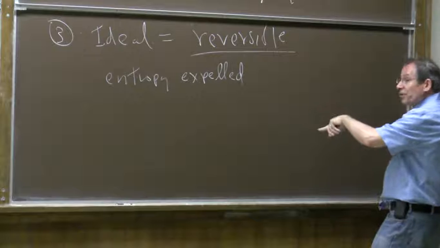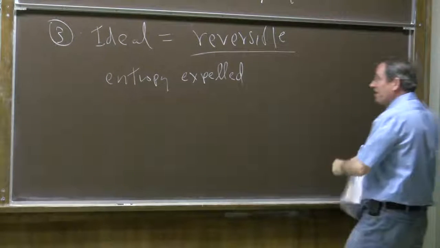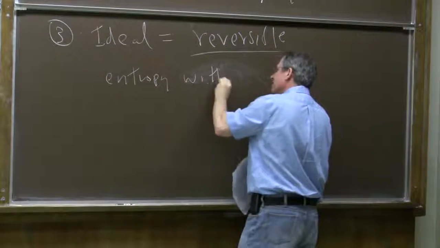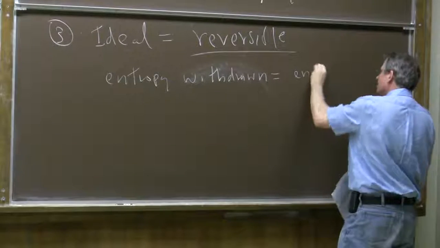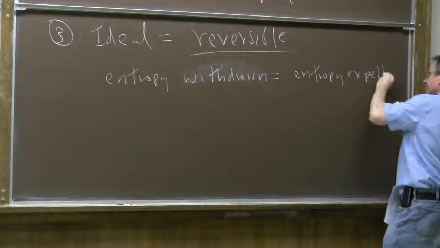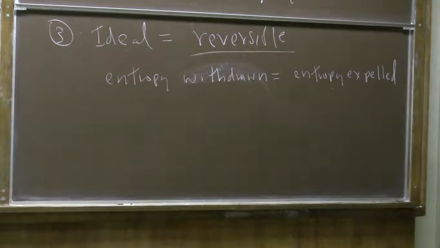But some entropy is withdrawn from the higher temperature reservoir. That's what I mean by entropy withdrawn. And that has to match the entropy expelled to the lower temperature reservoir in order for the overall change in system plus reservoirs to be reversible, to leave the entropy unchanged.